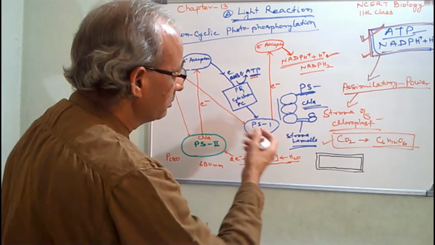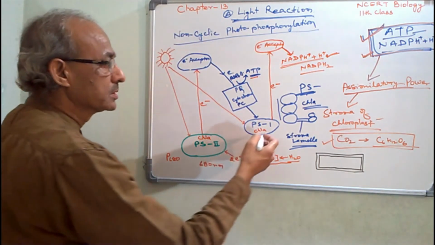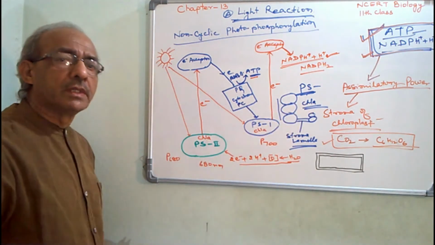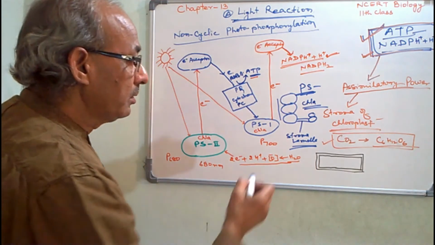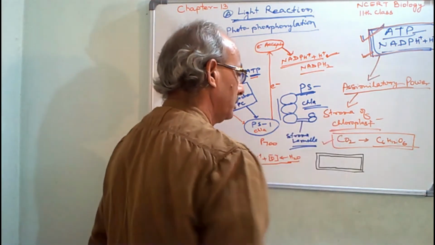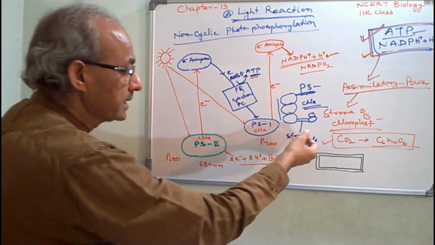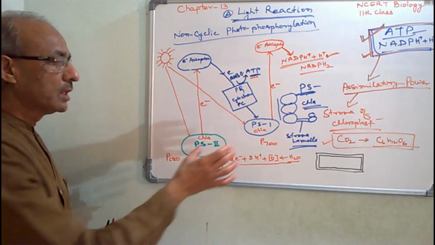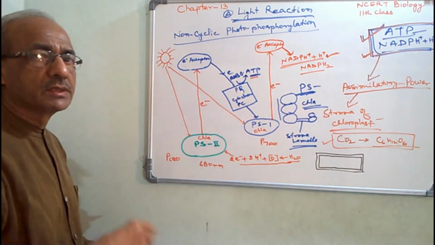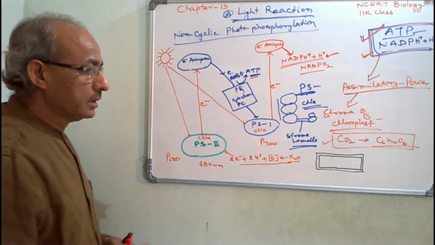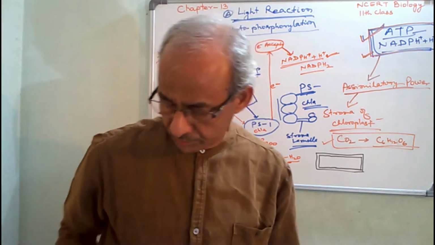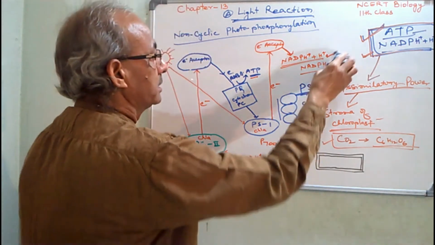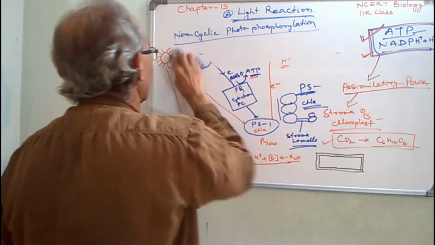Maximum absorption by the reaction center of the photosystem is the red light of 700 nanometer. So, at stroma lamellae, the cyclic photophosphorylation takes place because only one photosystem participates in light reaction. We will discuss here the cyclic photophosphorylation.